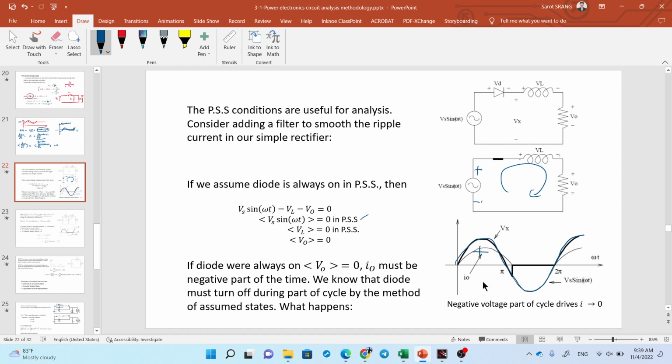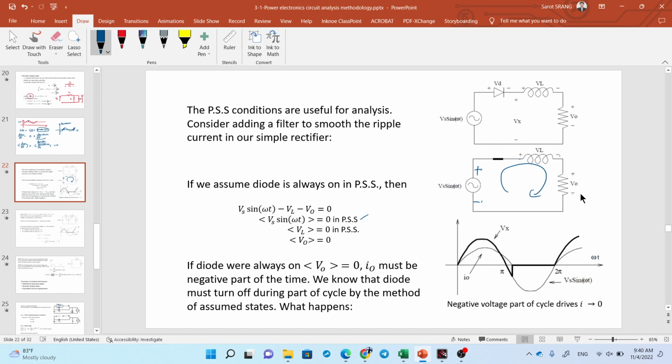The area here and the area here are equal, but one is plus and the other is minus. So it's always 0. And in periodic steady state the voltage across the inductor is also 0. Then we can find that the average value of V0 here is always 0 too, right?